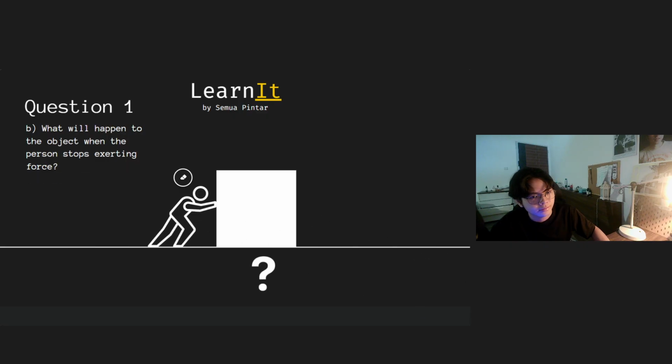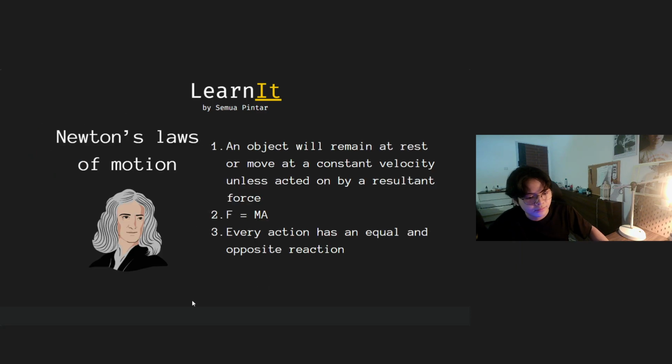Next question. Also, I should have probably reminded you, but you can pause the video to do the question by yourself if you wanted to. What will happen to the object when the person stops exerting force? Since we now know that the F is 0, according to the first law, an object will remain at rest or move at a constant velocity when the resultant force is 0.